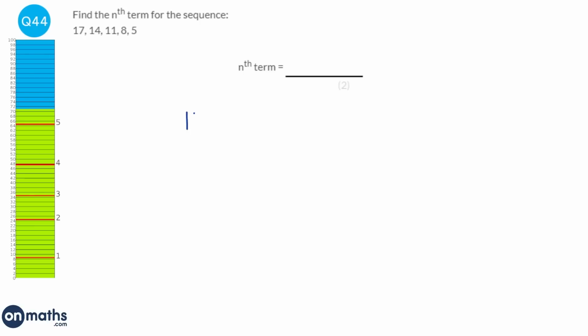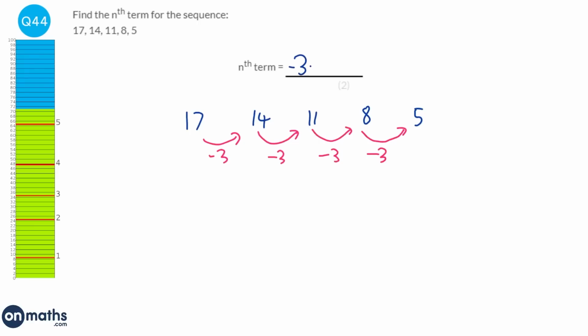So let's write these numbers out. And the first thing to do is work out what the numbers are going up by. So they're going up by -3. They're minusing 3 each time. So we know that the number before the n is going to be -3.